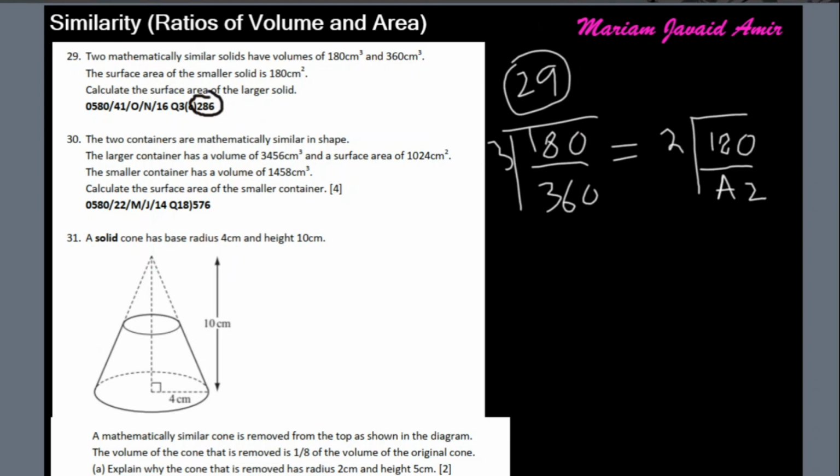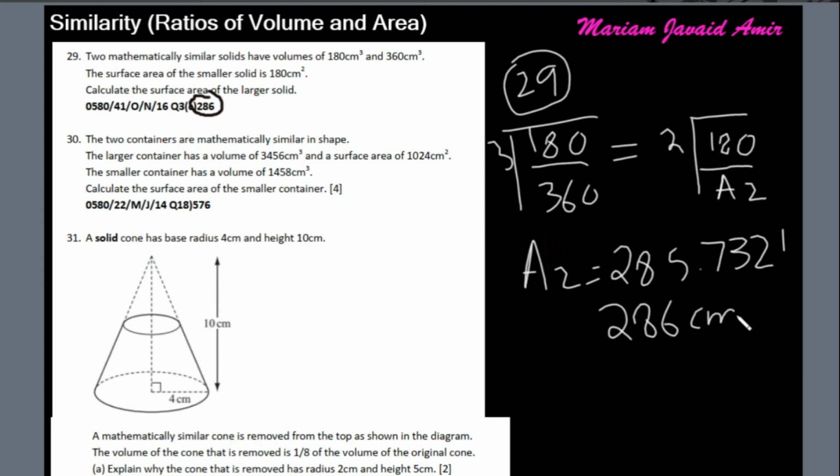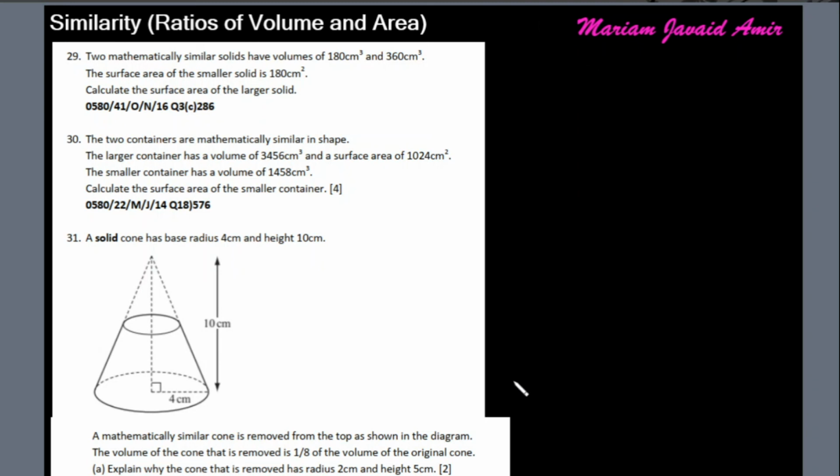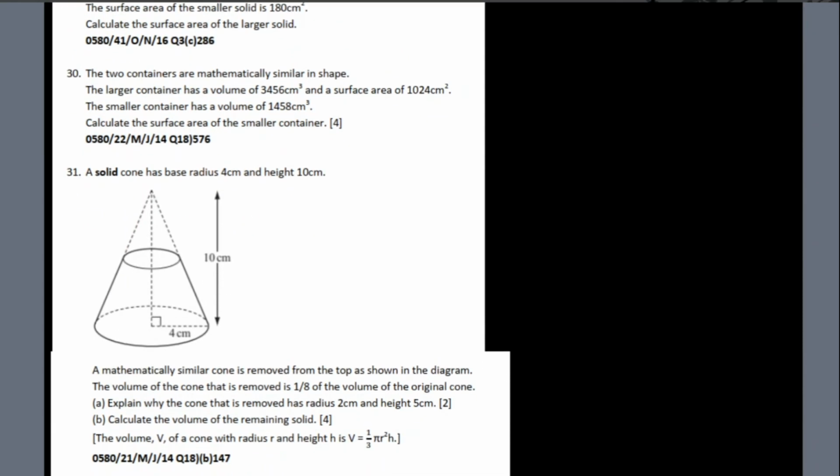Again we'll get an unrounded answer, which would be 285.7321, rounded off to 286 centimeters square. Question 30 is exactly the same. I'm not going to do it. Let's go to question 31.